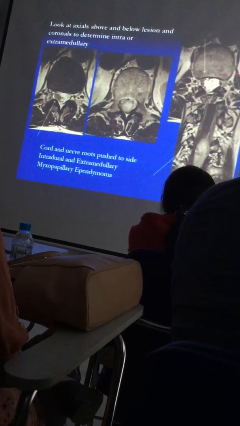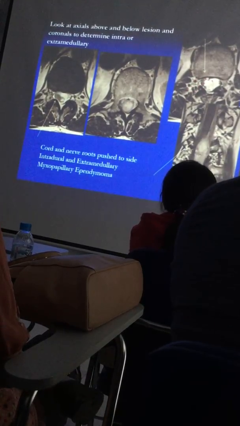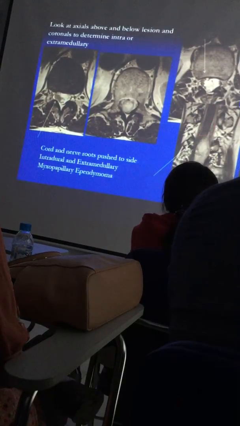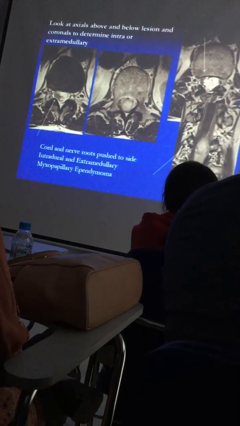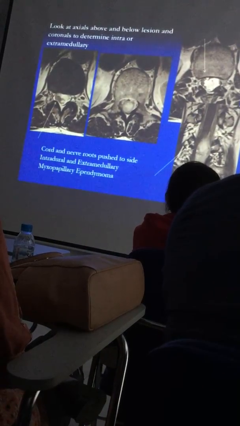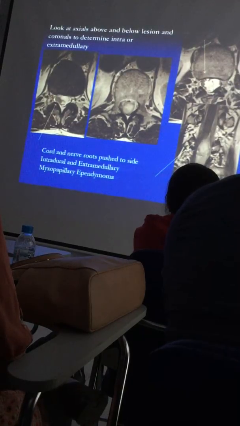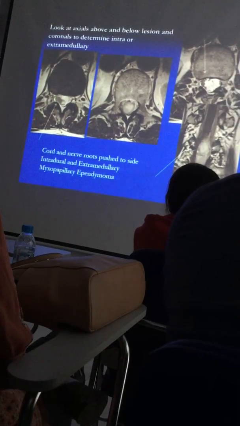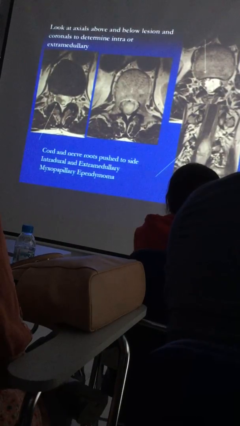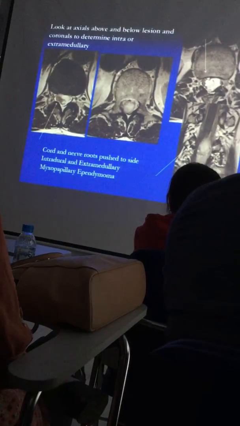And if you look below the lesion, you can see the nerve roots being pushed to one side, not expanded. And if you look here on the coronal T2s, here's the cord, and the cord's being pushed to one side. So the lesion is actually an intradural extramedullary lesion at the filum, or at the conus I should say, which is a myxopapillary ependymoma, which is a lesion of the filum. It's an intradural extramedullary lesion. So look above and below the lesion to work out where the cord is.